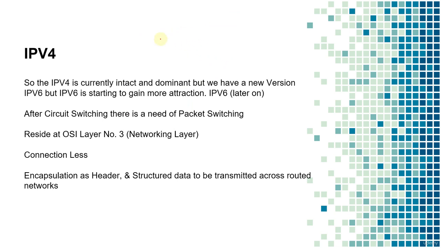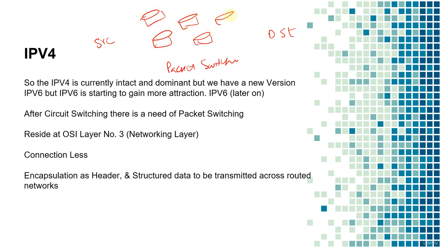So how does packet switching work? Let's suppose we have one source and some destination. Circuit switching works in a single pattern: one source, one destination, and one path. But in the case of packet switching, we are not going to follow a single path. Let's suppose we have multiple routers in between.